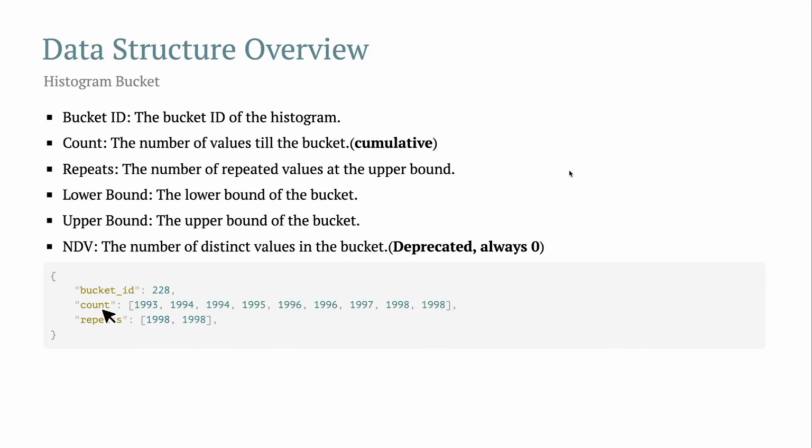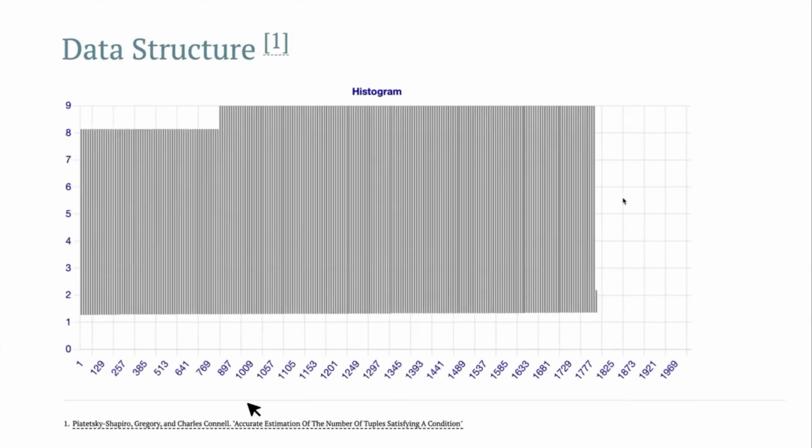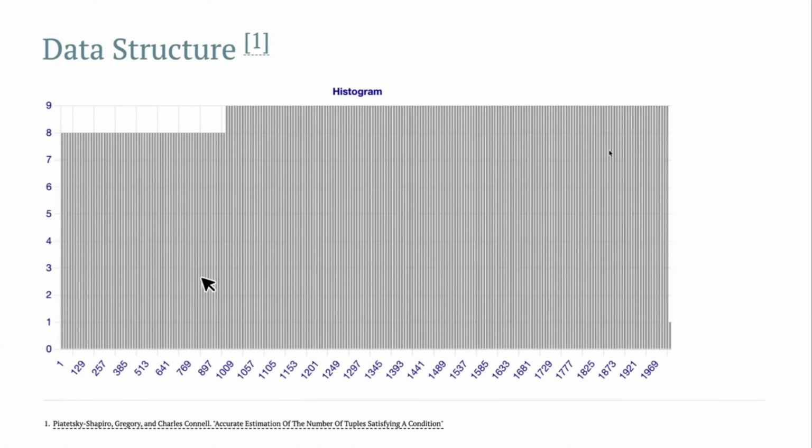So if we break down the count and repeats, as you can see, we just have those values in this bucket in this specific range, and the repeats value is just for the upper bound, right?